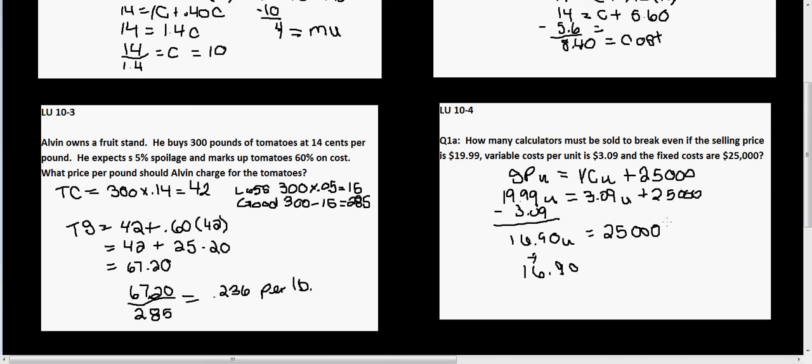Divide this side by 1690. These cancel each other out, leaving you with just the units.